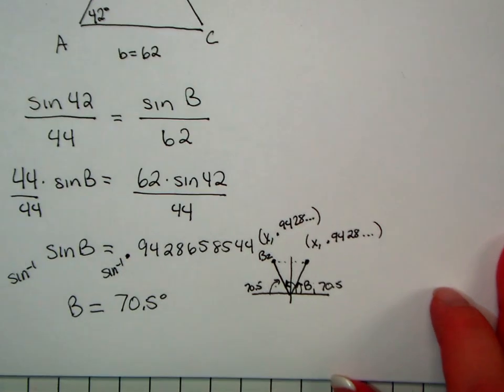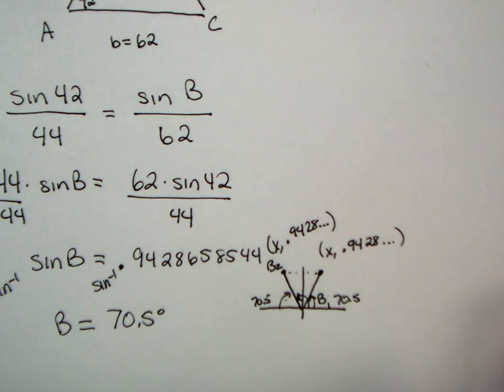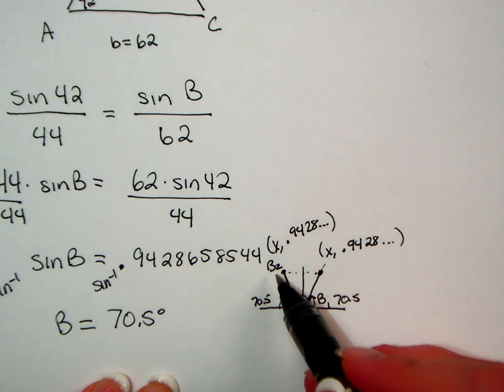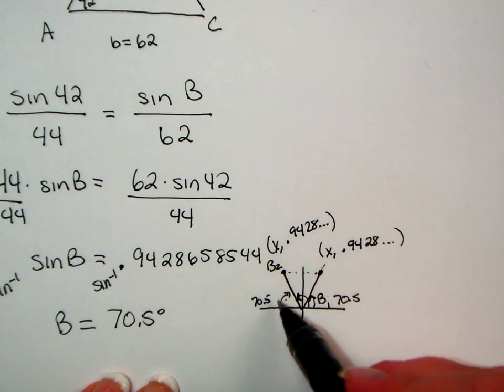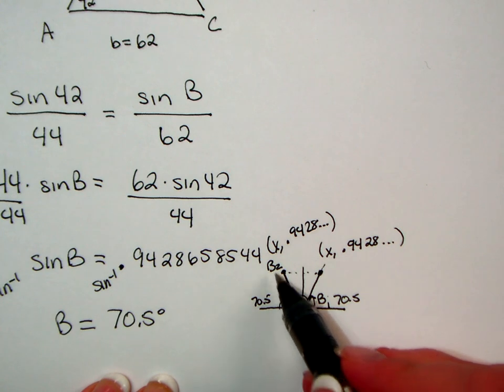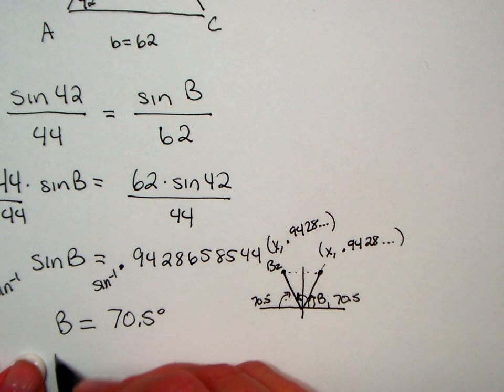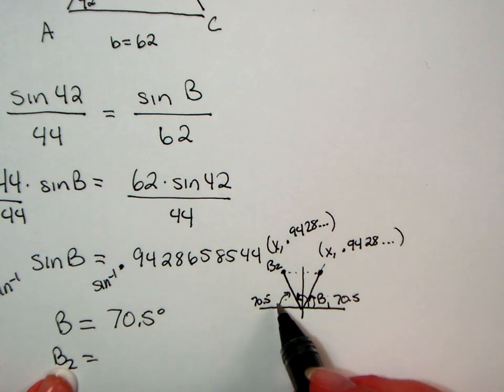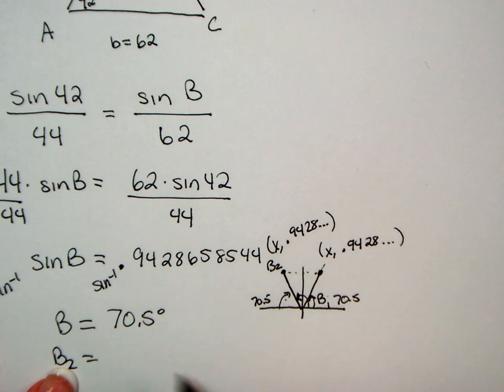It's getting kind of small on my screen. If I rotate from the x-axis up 70.5, I'm going to get this angle measure. This other angle is what I wrote has the reference angle equal to 70.5. So if I rotate from the negative x-axis up 70.5, I'm going to get to that B sub 2. So B sub 2 is basically 180 minus 70.5.